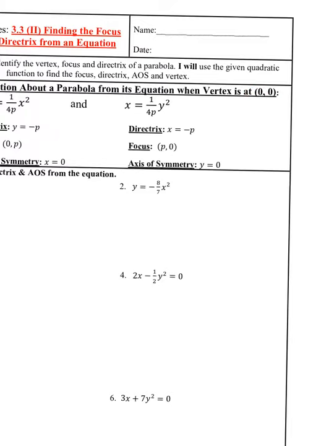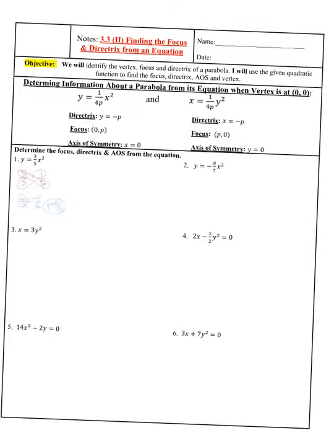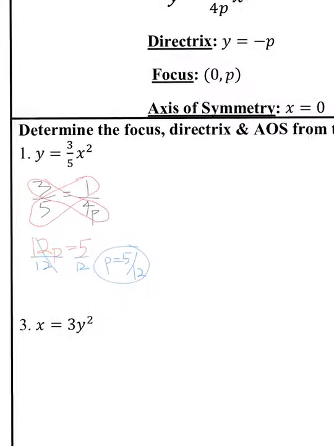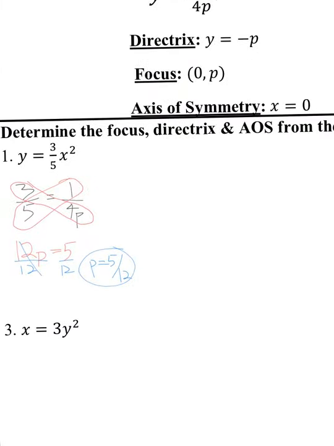You'll recall from the last video that the formulas get a little bit more complex when the vertex is not at 0, 0. But the focus of this lesson is for when the vertex is at the origin, or 0, 0. So back to number 1, I'm going to plug in 5 over 12. My directrix is just y equals negative 5 over 12.